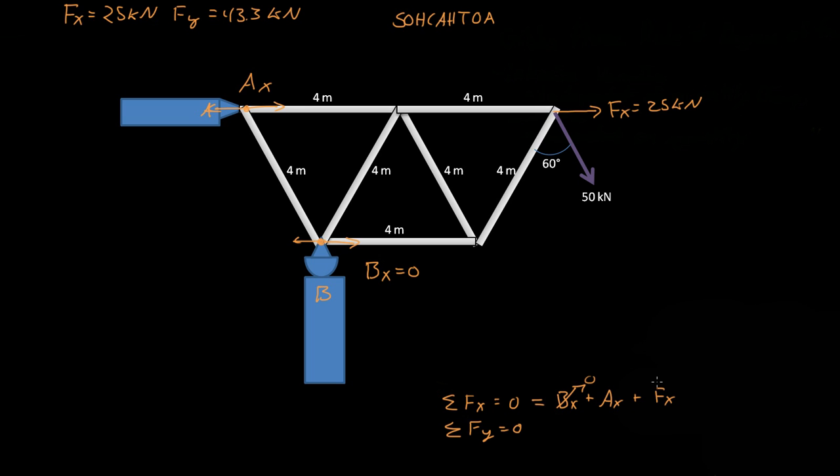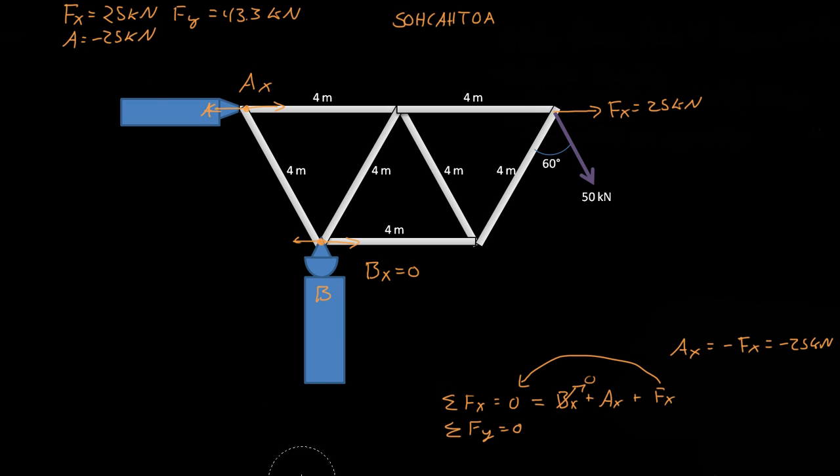If we move this Fx over here, we get Ax is equal to negative Fx, which is negative 25 kilonewtons. So we found what Ax is.